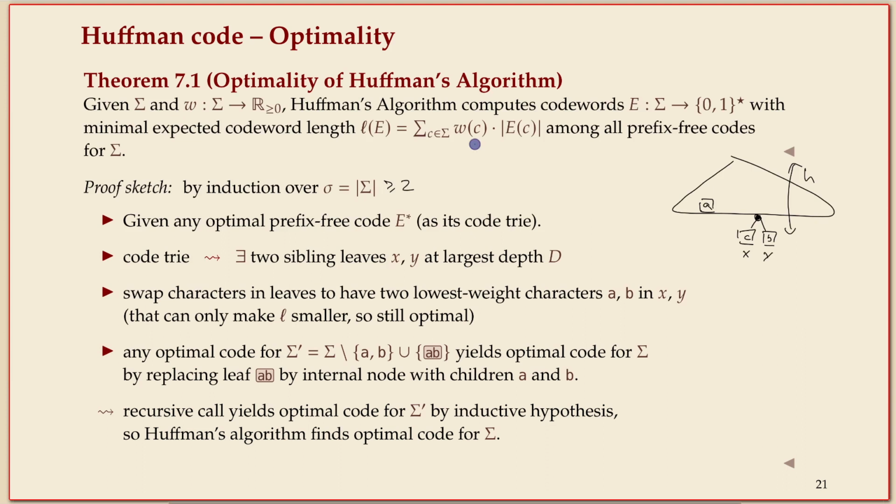In this sum, I would move C further up, so it gets a smaller code length, and I move A down. So I change the sum only by these two terms. But the weight of C is larger than the weight of A, so I only get a better code if I do that. So moving to this situation where we have A and B in the lowest level only makes the tree better.